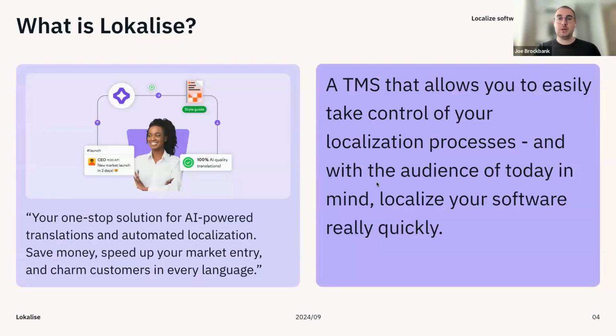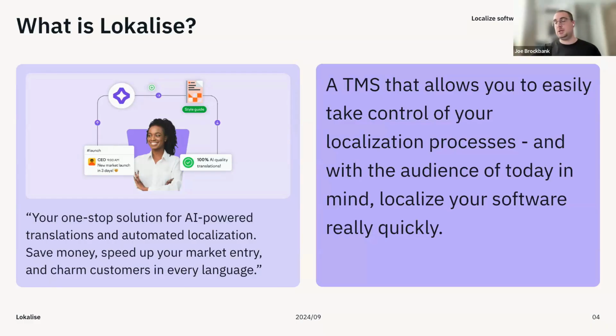So hopefully everyone here is at least a little bit familiar with Localize, but ultimately Localize is just a TMS that allows you to translate content all in one place, no matter what the source is. So if it's content stored in a CMS for a website, if you've got emails that need to be translated, if you've got your software, mobile applications, games, it can allow you to do it all in one place, right?